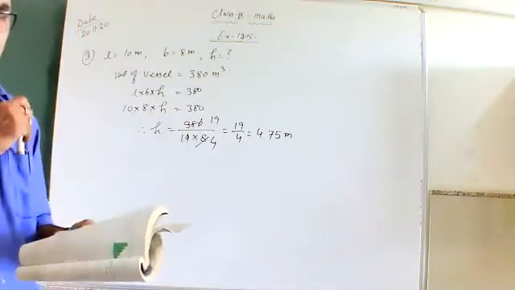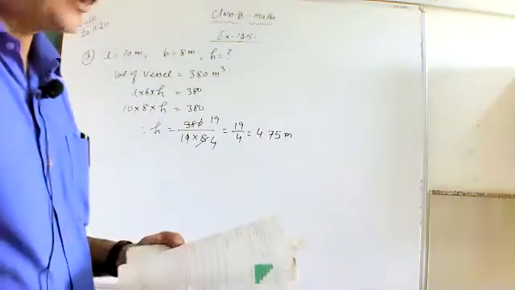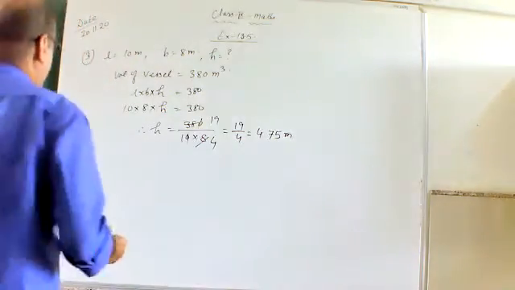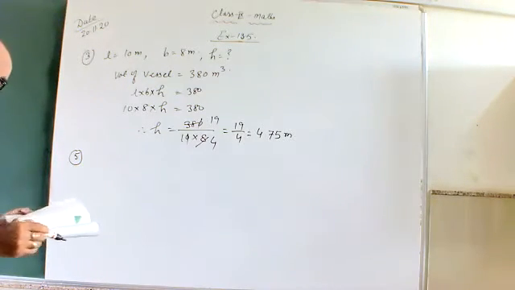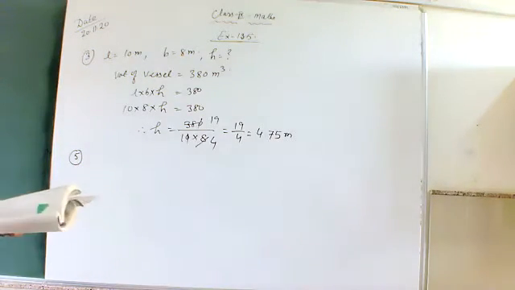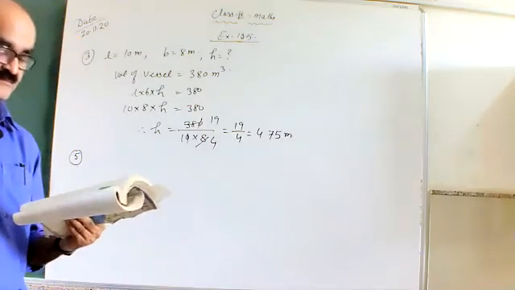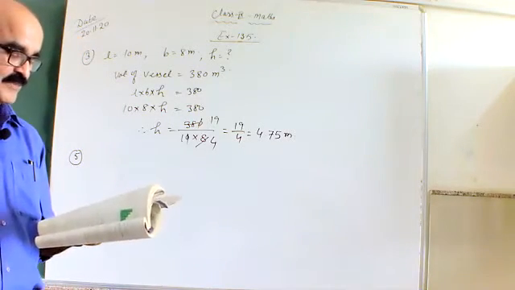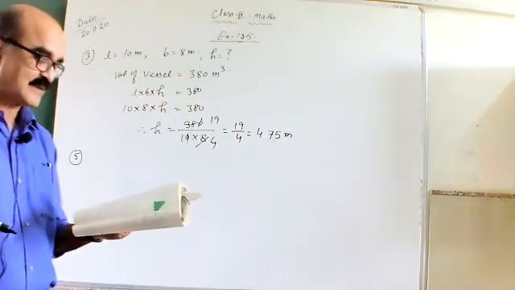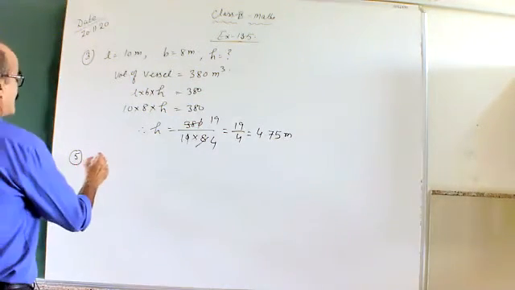Now I am going for the next question, that is question number 5. The capacity of the cuboidal tank is 50,000 liters. Find the breadth of the tank if its length is 2.5 meters.